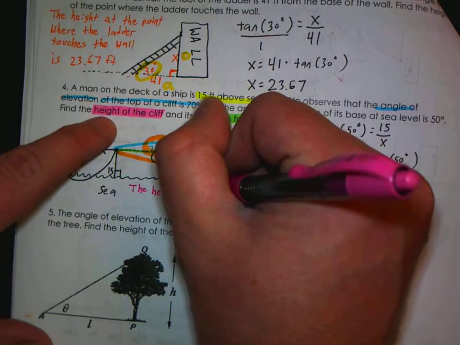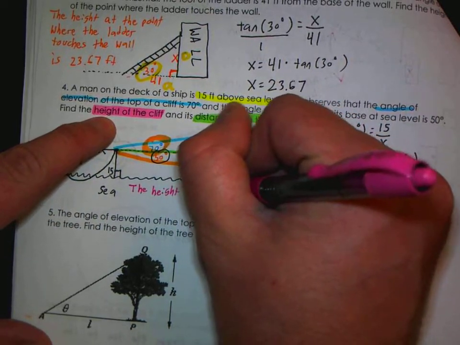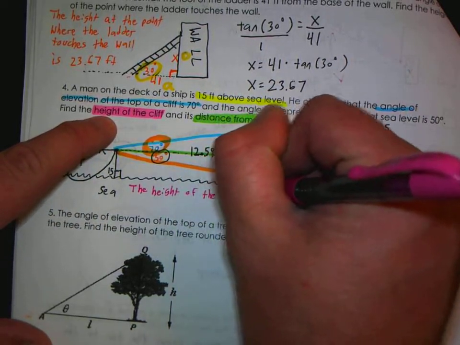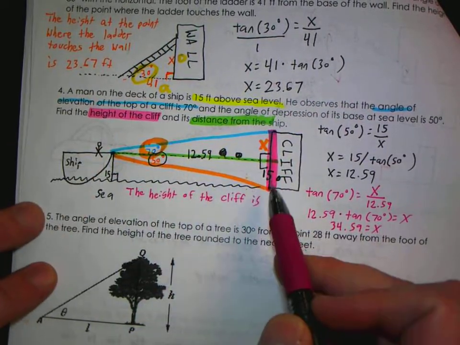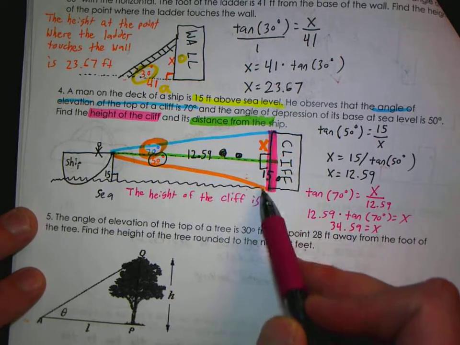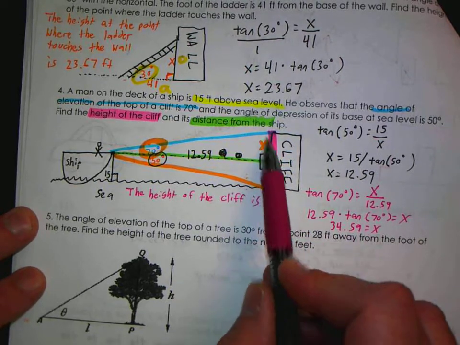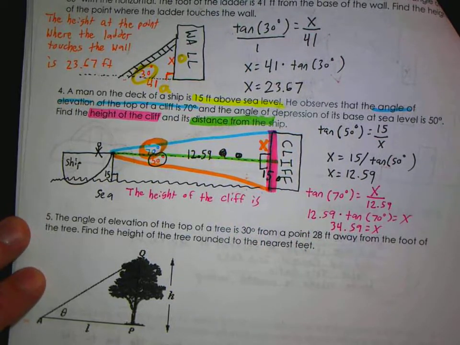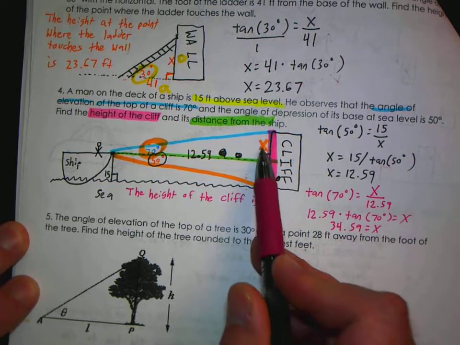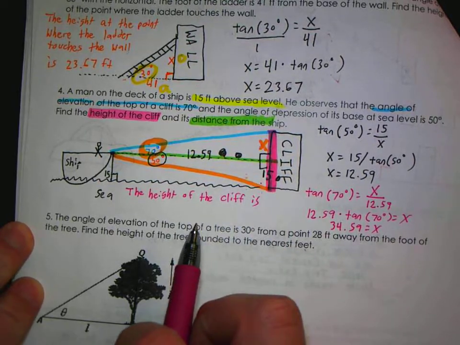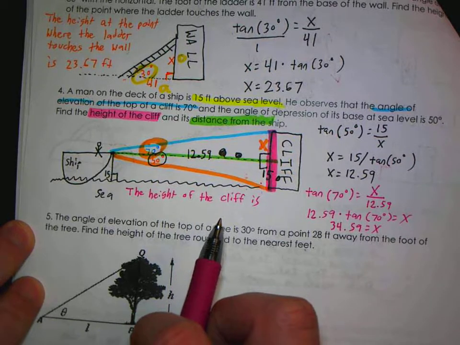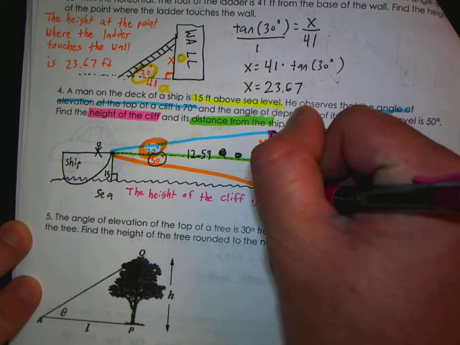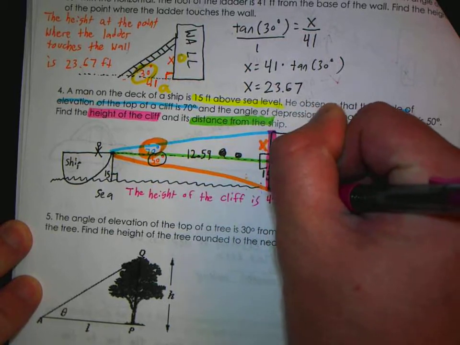So I think I have enough info. The height of the cliff. Let's do that first. The height of the cliff is we have the 15, and then we have the 34.59 I just found. 15 plus 34.59 is what, 49.59?